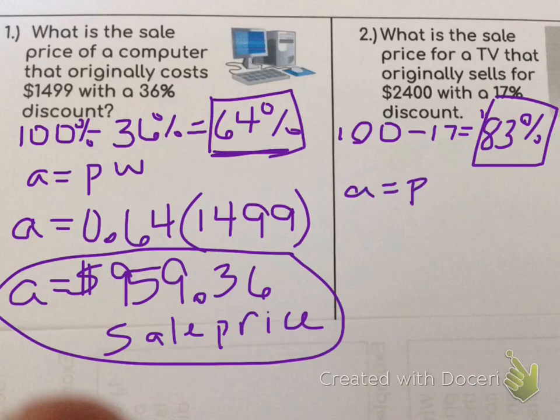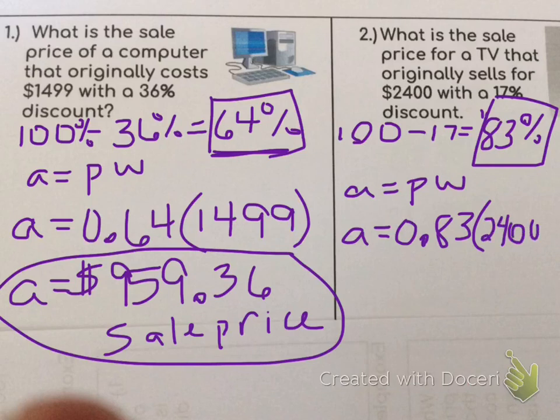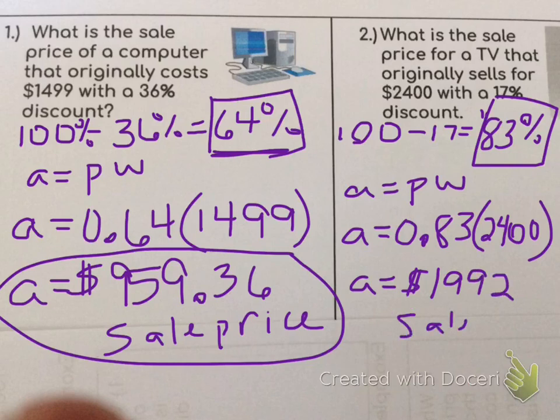A, my part, equals my percent as a decimal times my whole. The percent that I'm paying for is 83 hundredths multiplied by 2,400. You plug that right into your calculator, 0.83 times 2,400, and you get $1,992. And that is your sale price.